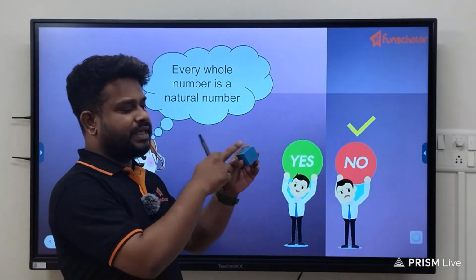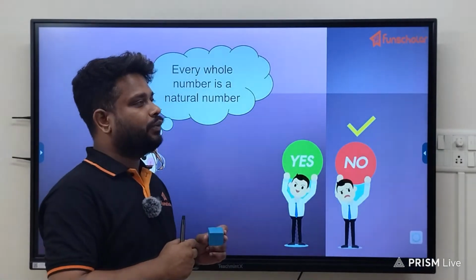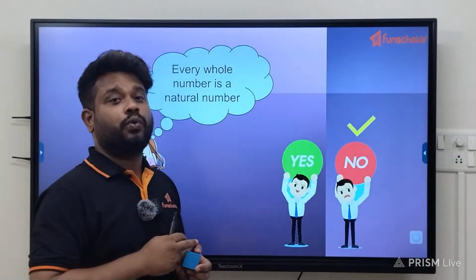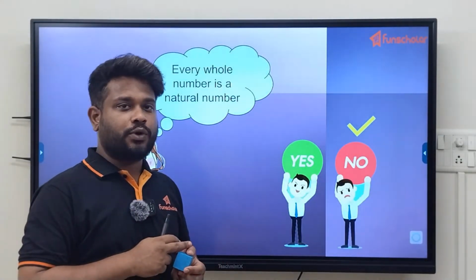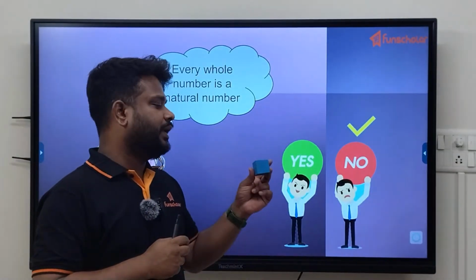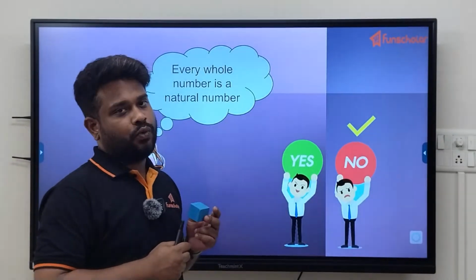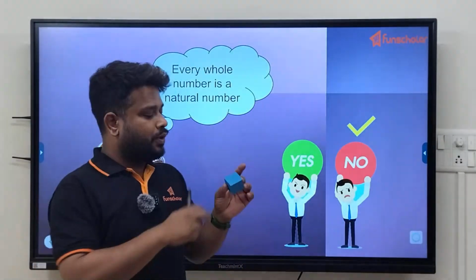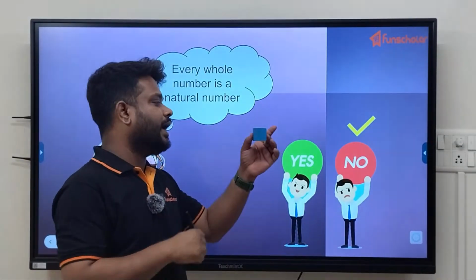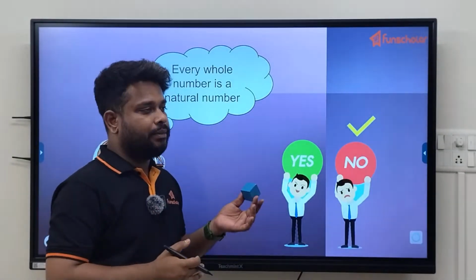For example, if this is a cube, and a cube has 6 surfaces, if I ask how many cones a cube has, a cube does not have any cone. Yes, it has edges, but it won't be termed as a cone. So a cube has 0 cones, and we can't show it by any means.